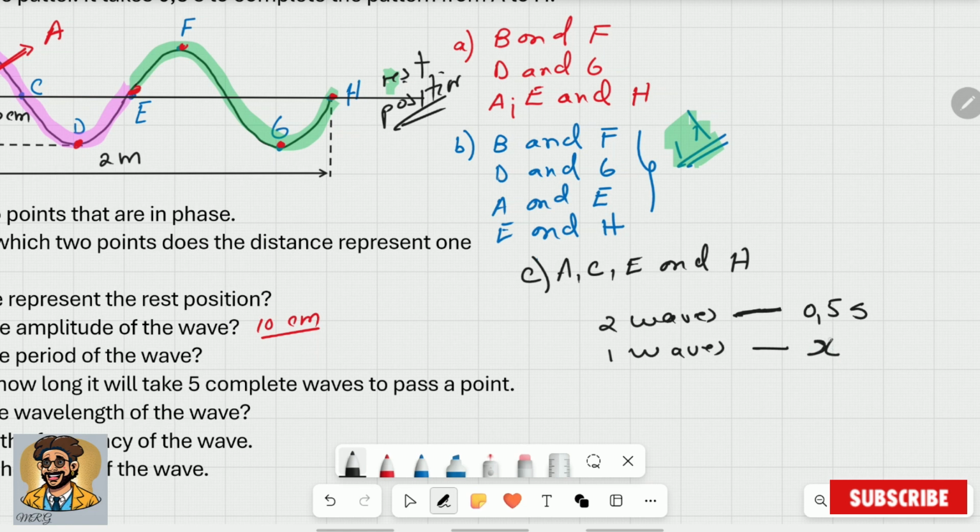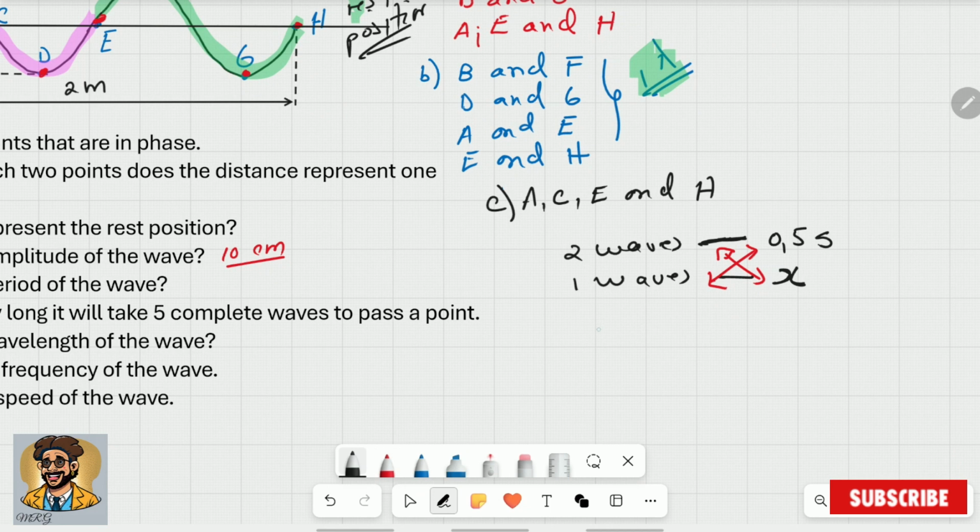This one is simple math, and I'm going extremely slow. You do cross product. Now this one is simple, but sometimes it's not that simple. That's why I recommend you to do it in this way. It's mathematics, simple math. So you do cross product, and what will this be? 0.5 times 1 is equal to 2x.